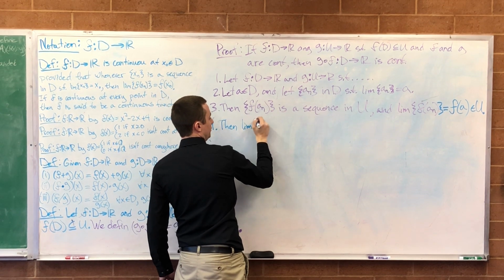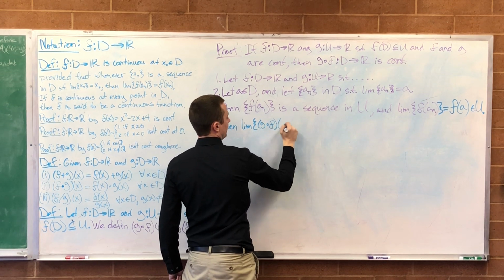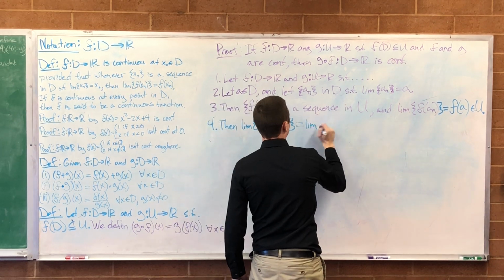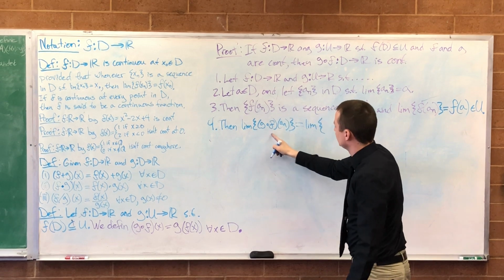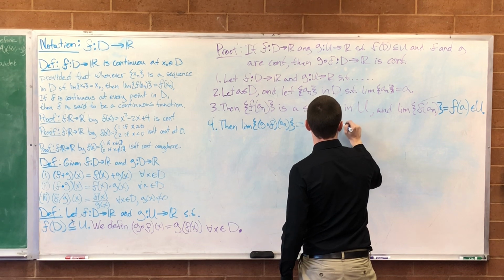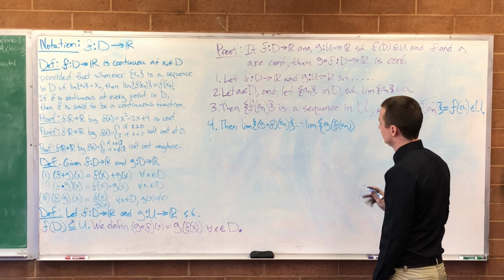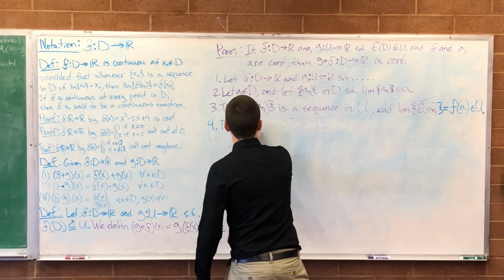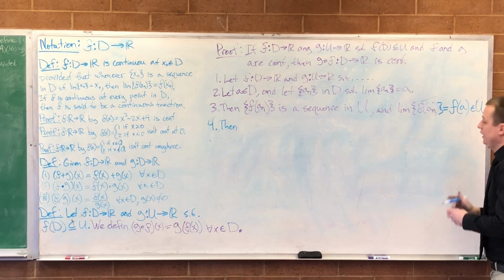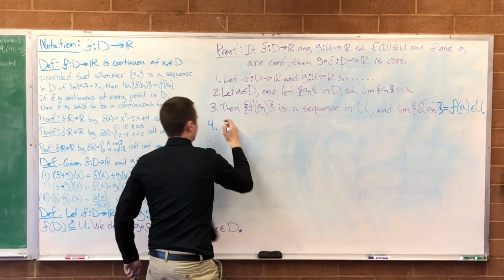So then the limit of G composed with f of an is equal to the limit of, remember, G composed with f of an by definition is just G of f of an. We'll combine that all in one go here in a second. Here's what I want to say now. I'll just write it like this. Maybe this is the best way.